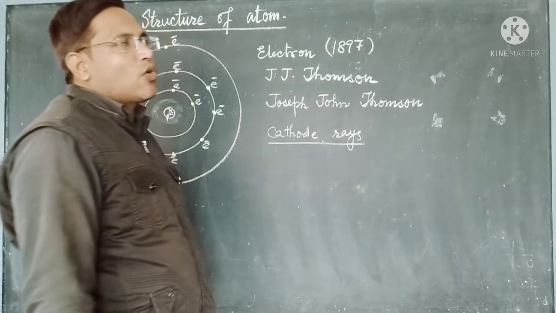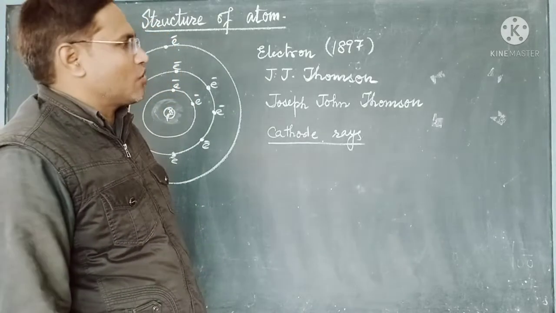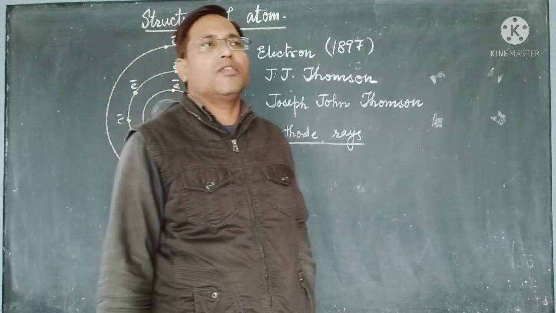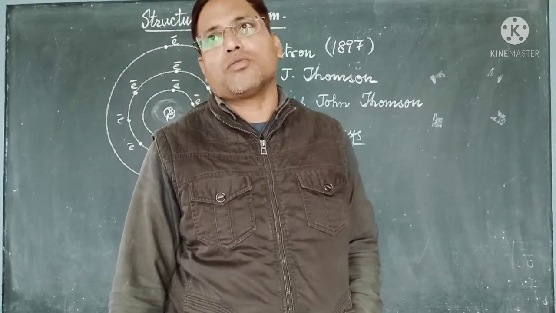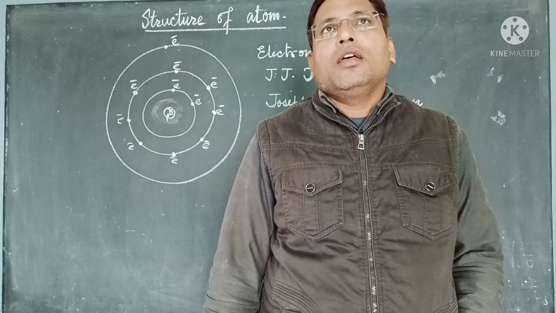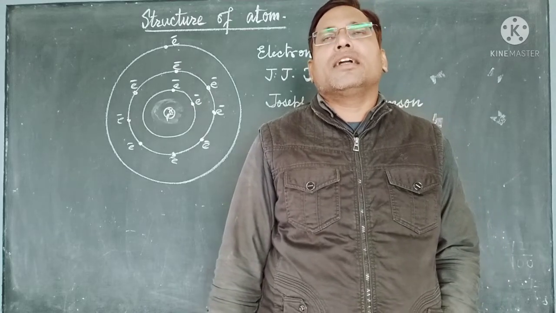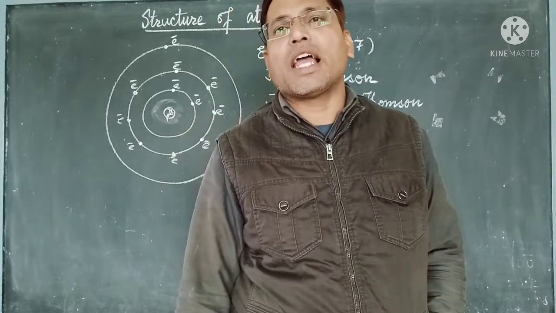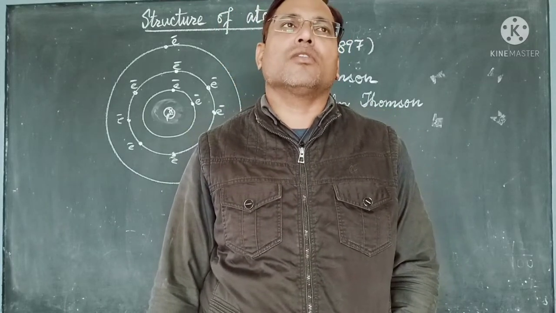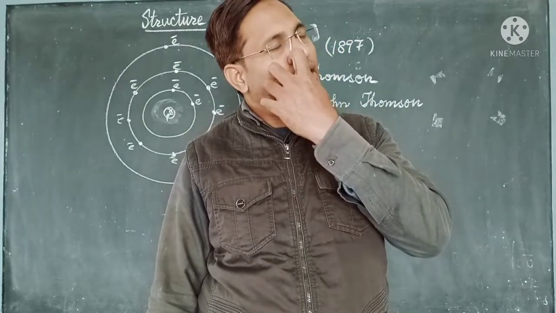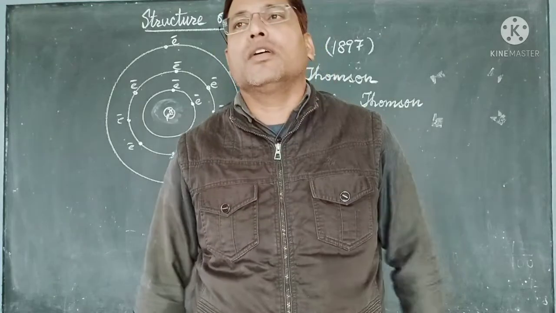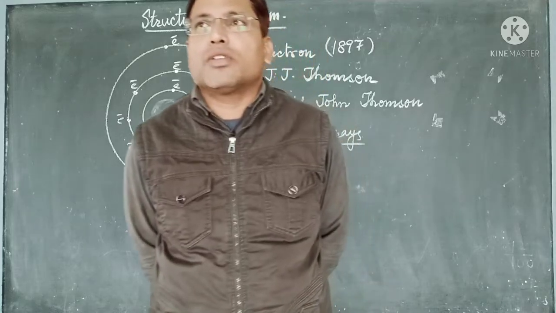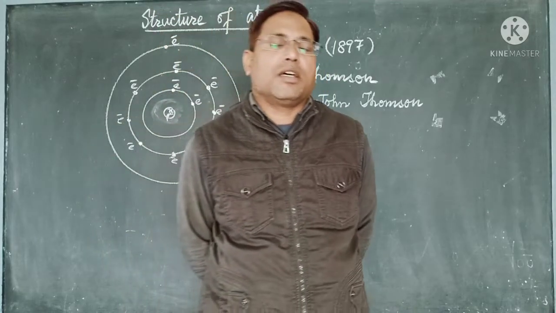And these cathode rays consist of negatively charged particles. We call them electrons. Thus, in this way, he had discovered the electrons. Here I explained it very briefly, because how he discovered it is not in our syllabus. In detail, you will study about it in upper classes.